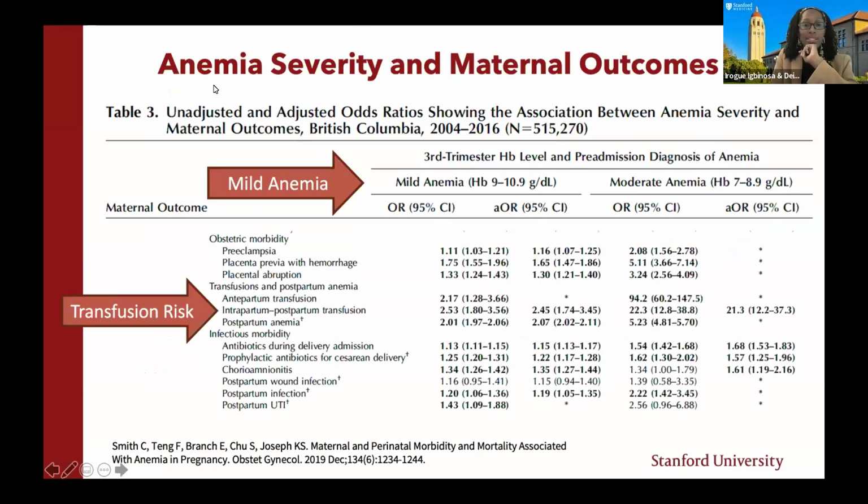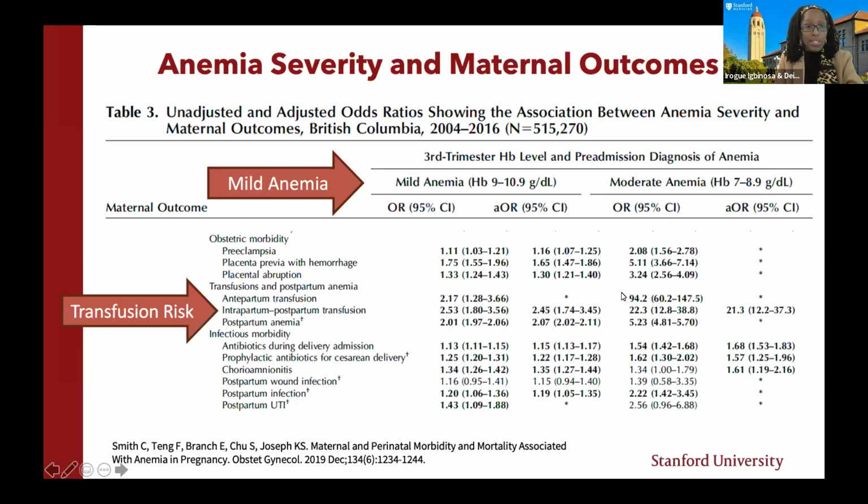And so then the other thing is, you might be asking yourself, well, does severity of anemia matter? And what we will say is yes, but yes and no. So even at mild levels of anemia, at a hemoglobin of 9 to 10.9, we see there's still increased odds of a blood transfusion, almost 2.5 times more risk, excuse me, compared to those who do not have anemia.